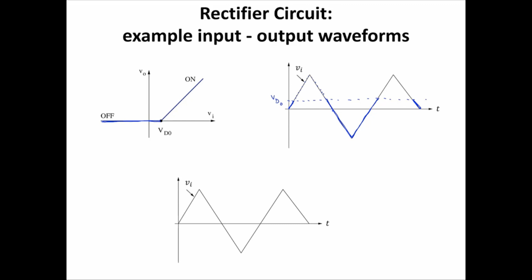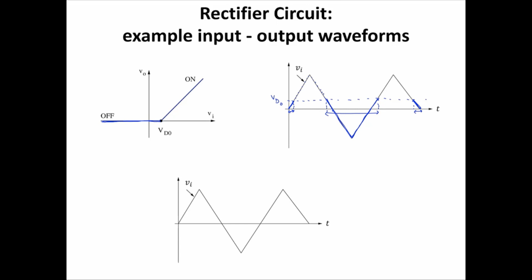Now, I can label the time points at which this happens, from here to here, from here to here, and from here to here. Vi is less than VD0. So I know that for these time intervals, Vout is going to be equal to 0.